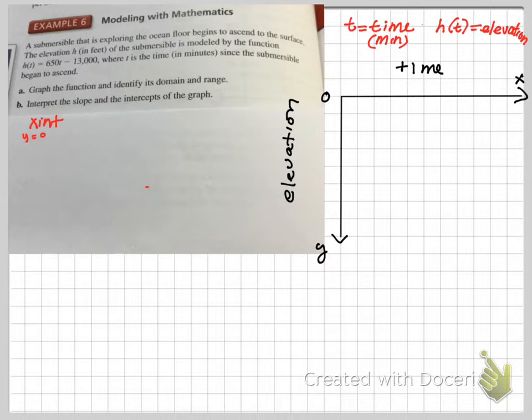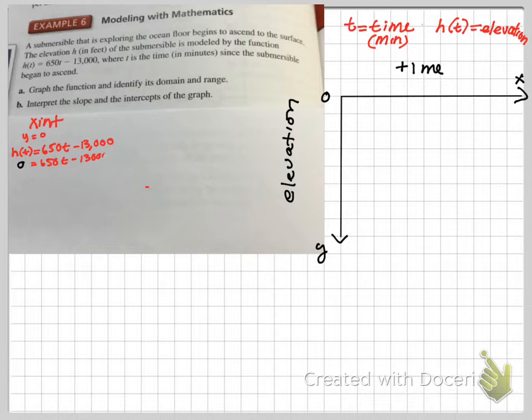So the equation is h of t equals 650t minus 13,000. I'm going to substitute in 0 for the y, which is the h of t, so 0 equals 650t minus 13,000.